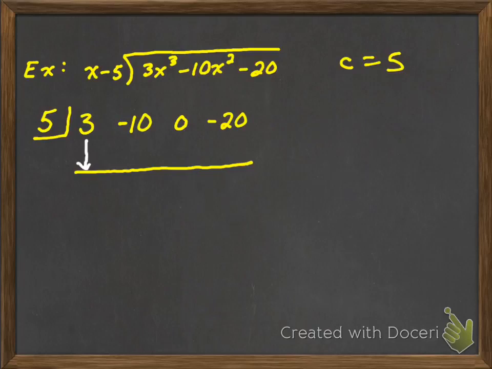Bring the first number down, that's your first step. And then we multiply the 5 and the 3 together and put that answer under the next number. So that's going to be 15. And then we add these together, which is 5. Now we're going to multiply 5 times the 5, put that answer here.